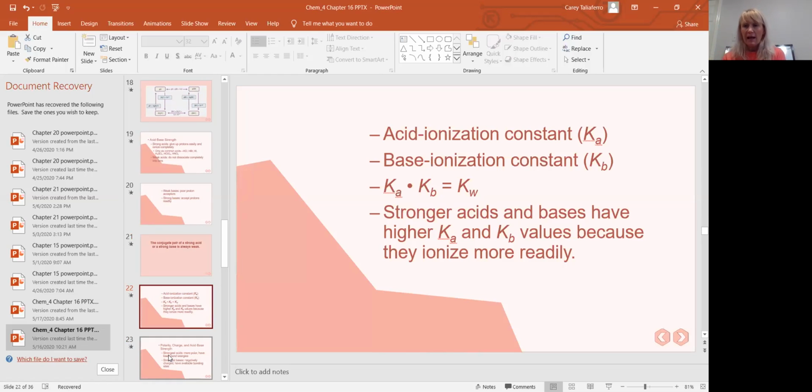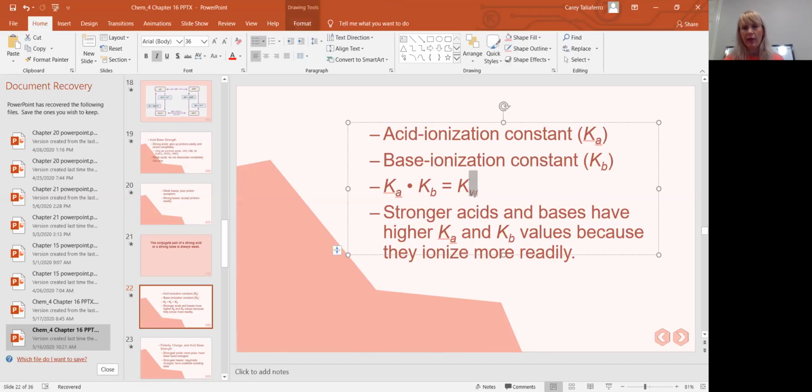So acids and bases, remember, think back to chapter 15 in our equilibrium chapter, we had ionization constants, how readily these substances would ionize in water. And then we talked about Ksp values. Well, when we strictly talk about acids and bases, it's a similar idea, except we have Ka for the acid ionization constant, and we have Kb for the base ionization constant.